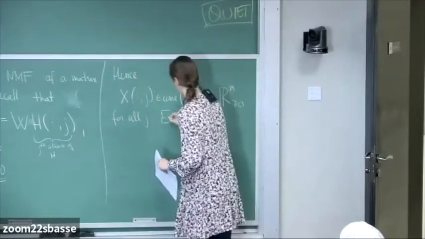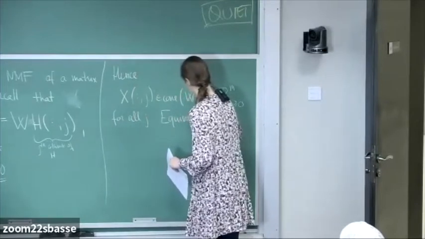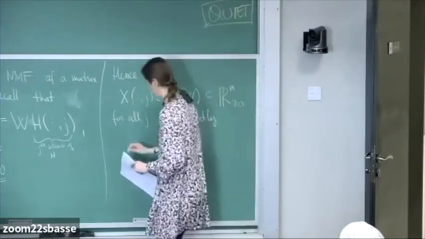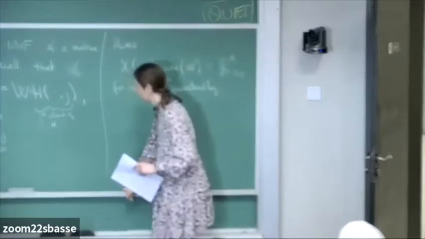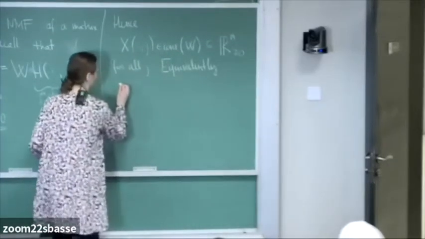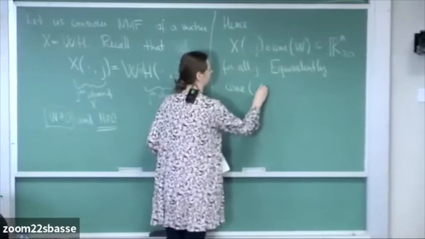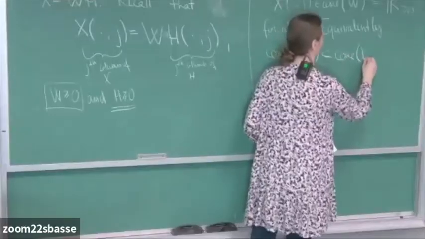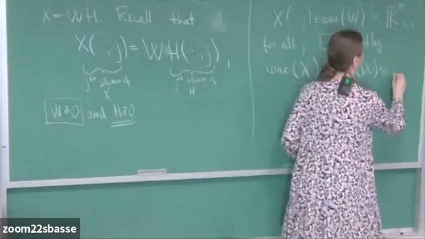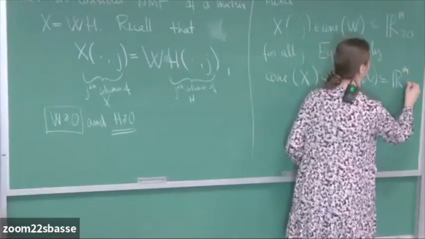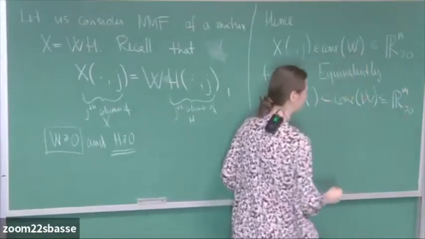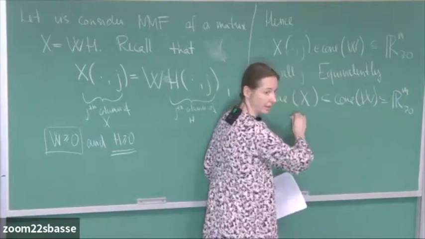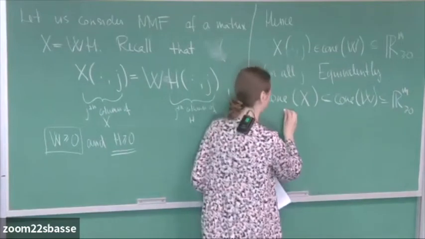And equivalently, let's write it in terms of cones. Cone of X is contained in cone of W, is contained in the non-negative orthant. This will be an exercise. This first containment is an easy exercise using the definition of cone.